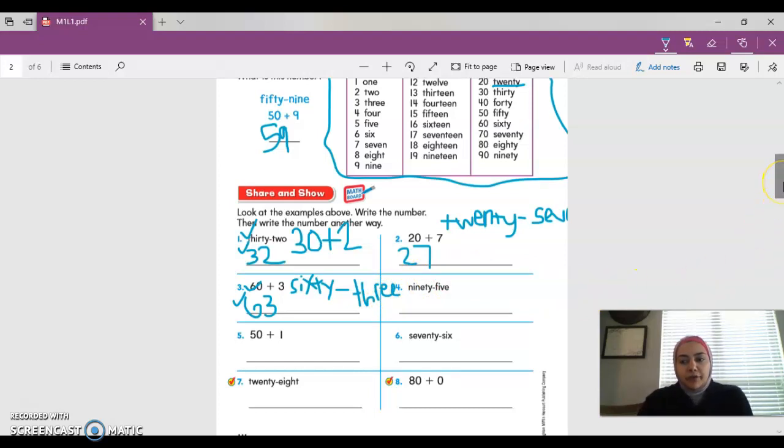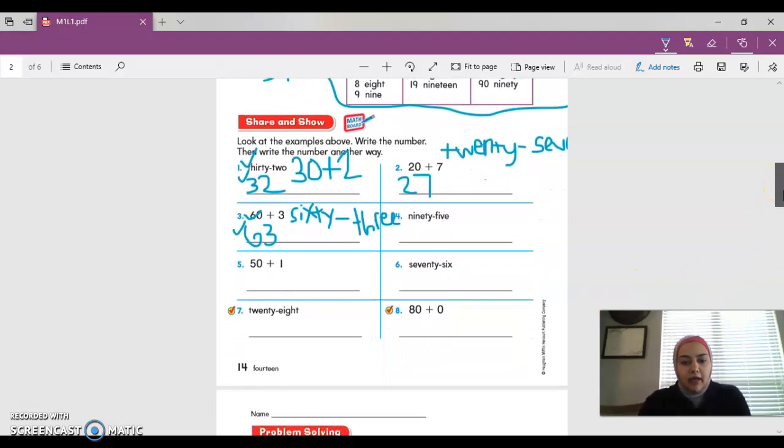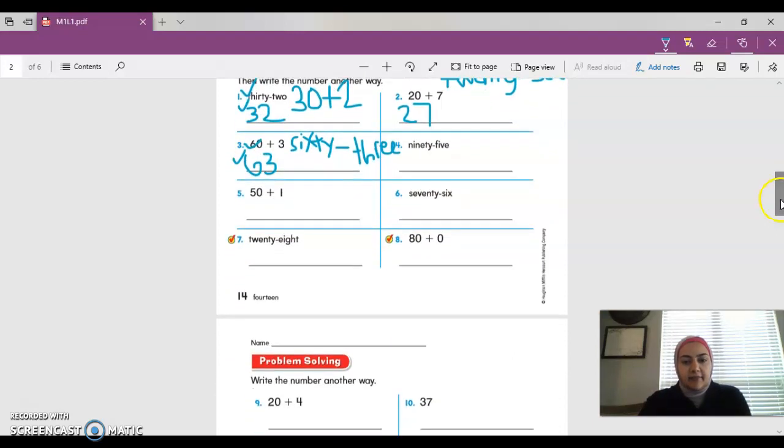I'll do one more with you, and then I want you to do 5, 6, 7, and 8 by yourself, okay? So here we have it in word form, 95. So we're going to write it in numeral form, 95. And then we're going to write it in expanded form, which is 90 plus 5.